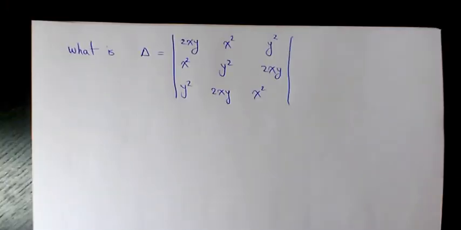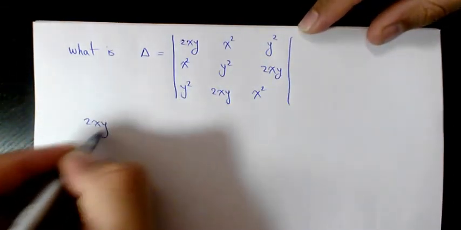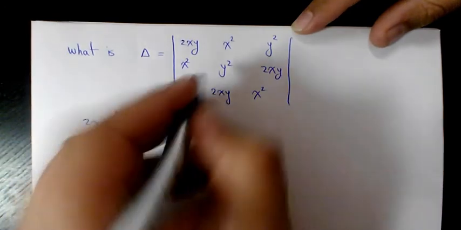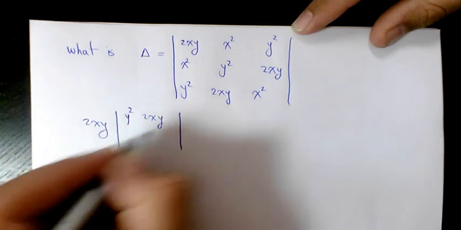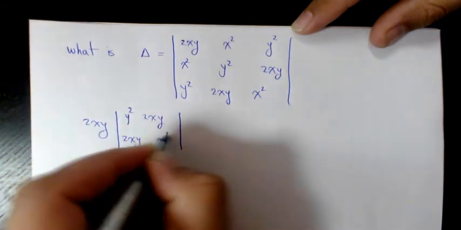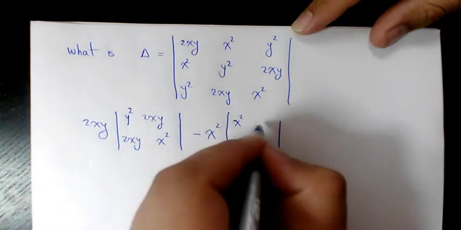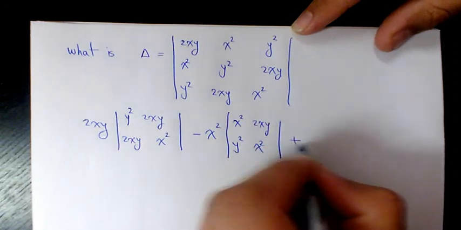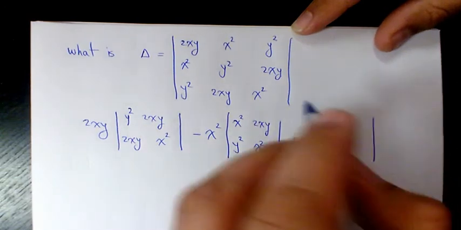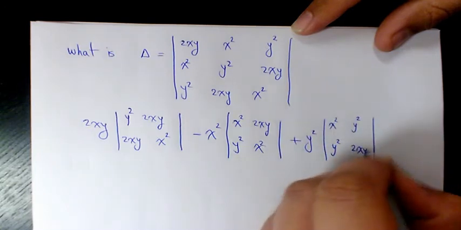In this example, we need to find the determinant of this 3 by 3 matrix. So we can have 2xy times the determinant of this matrix, minus x squared times the determinant of x squared, 2xy, y squared, x squared plus y squared, x squared, y squared, 2xy.